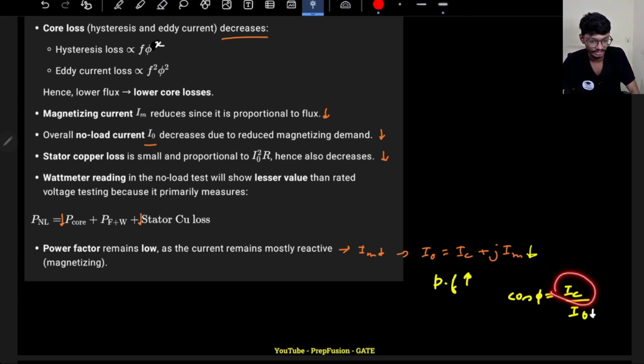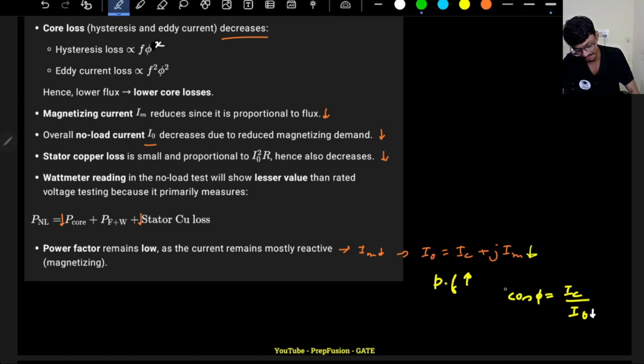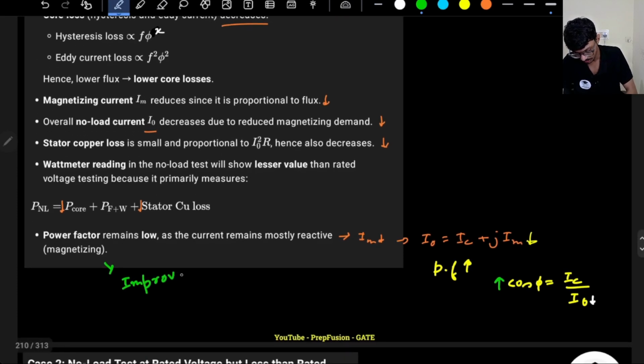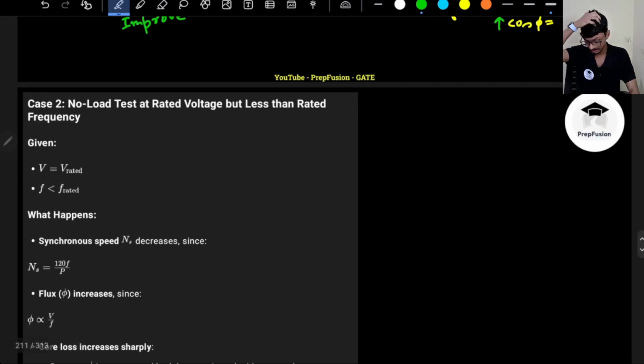I'm not changing anything with the Ic, so it will roughly remain constant. Although it will also change, it will roughly remain constant. Like this will reduce drastically, so cos phi also will increase. So that's why the power factor will slightly improve. Still, it will be low only, because we are operating at no load. The magnetizing component still will dominate, but the power factor will slightly improve.